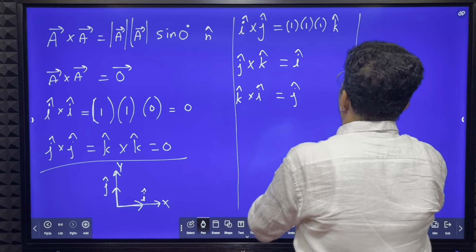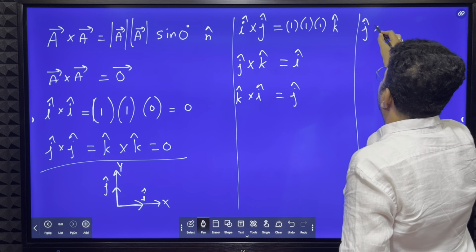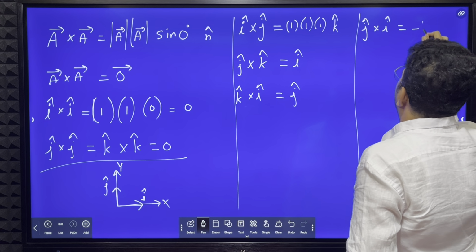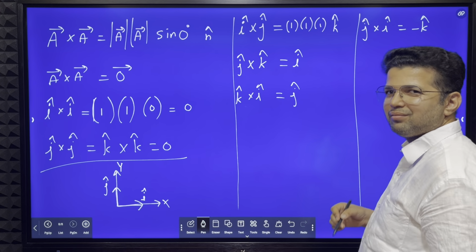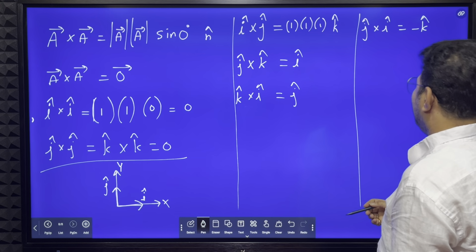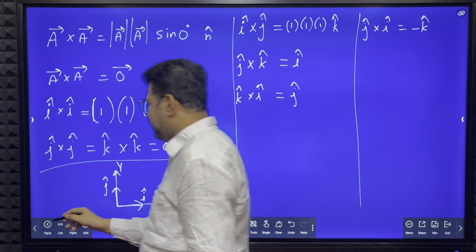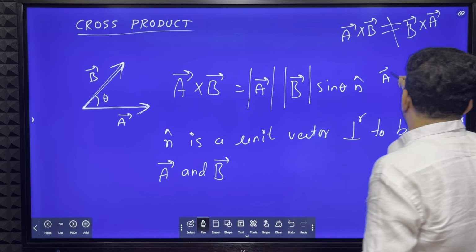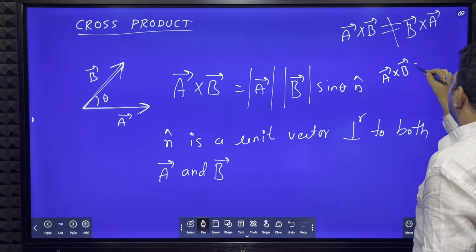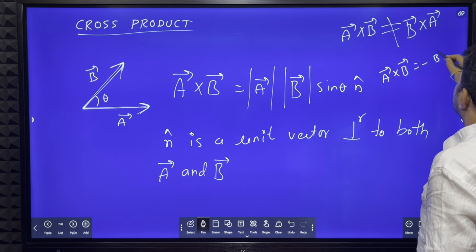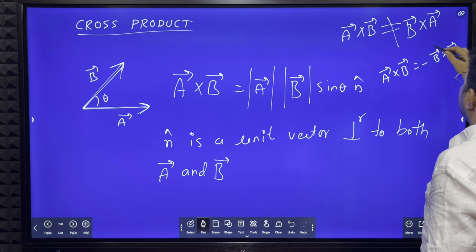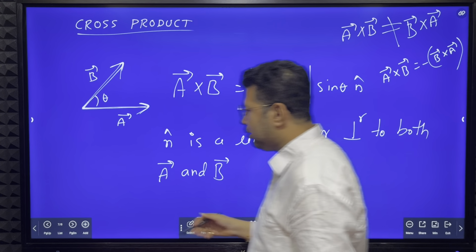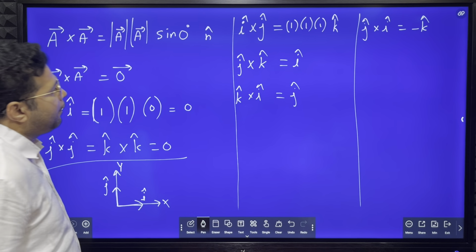Similarly, if you reverse the order, j cross i will give you minus k cap. Okay, j cross i, because we have studied A cross B is not equal to B cross A. A cross B is equal to minus B cross A, because the angle between them is 180 degree.